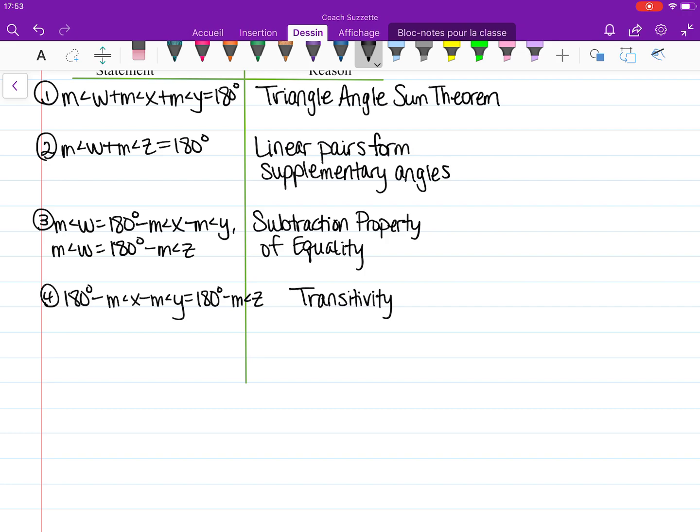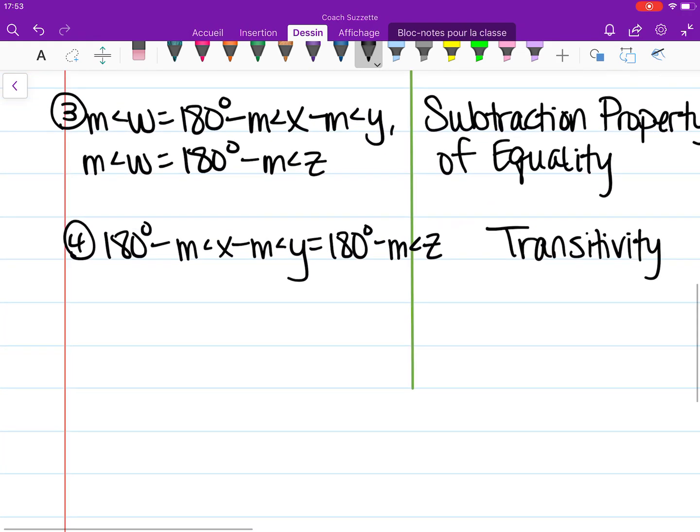Okay, let's do minus 180 on both sides. That gives us minus the measure of angle x minus the measure of angle y is equal to negative, minus the measure of angle z.